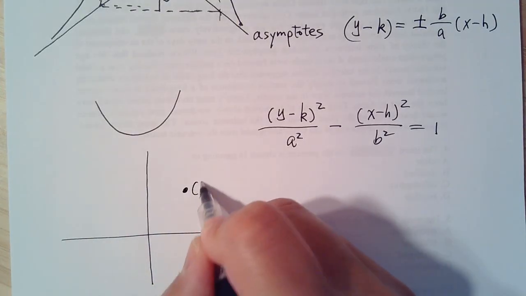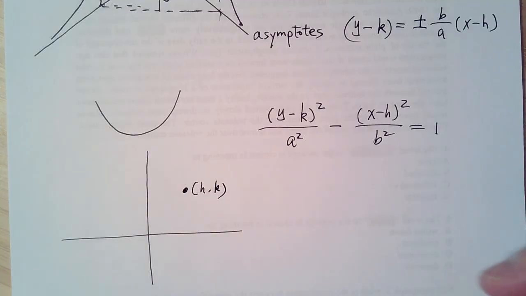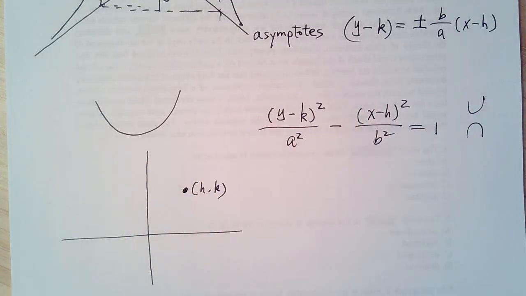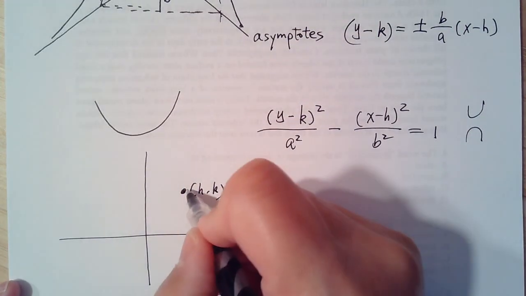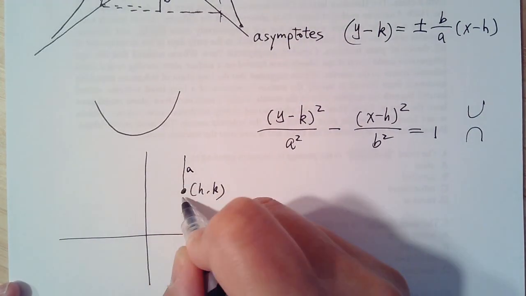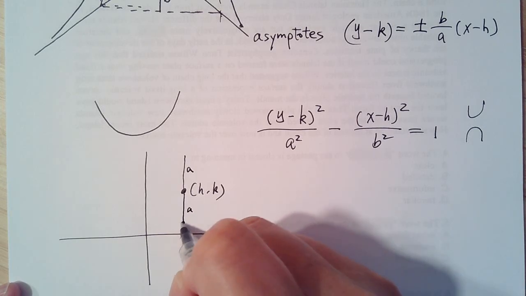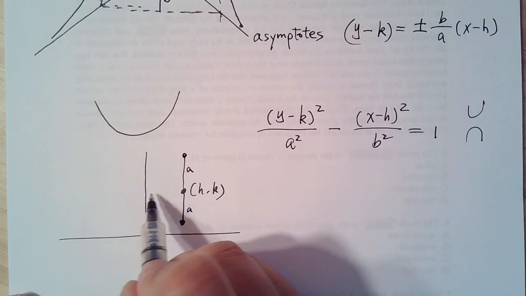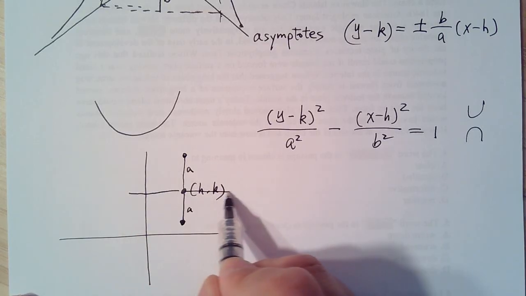Here's my center. Because this is the up and down type, I need to go up and down to find the foci and the vertices. So I go up by a, go down by a, that is my vertex. And then I go left and right by b.